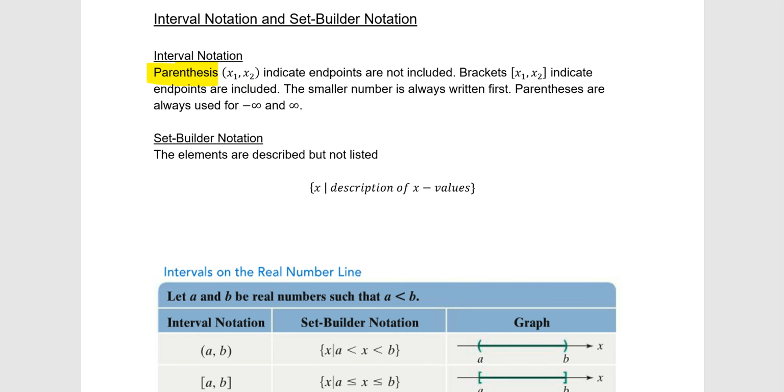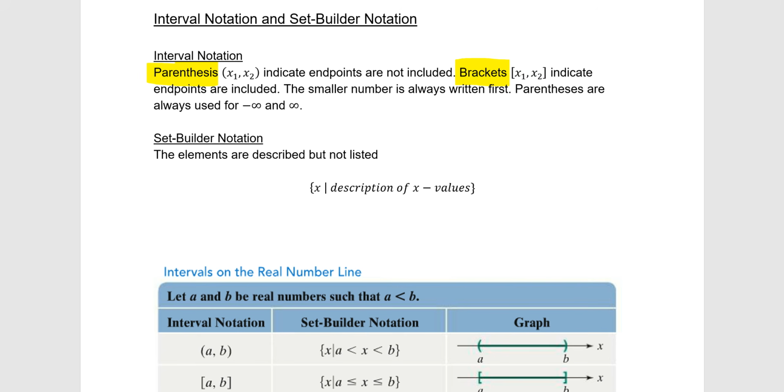For brackets, it looks pretty similar, we have the interval x1 to x2. If we have brackets on the end, that means those endpoints are included. And some things we have to remember, the smaller number is always going to be first, and parentheses are always going to be used for negative infinity and positive infinity.